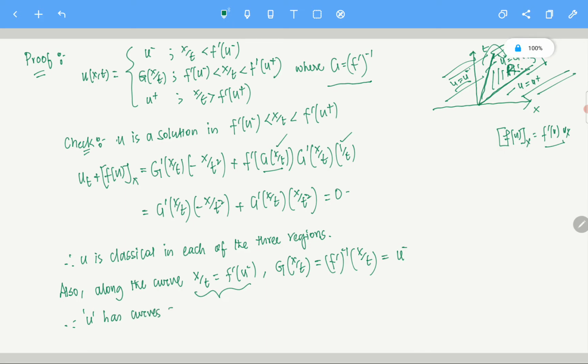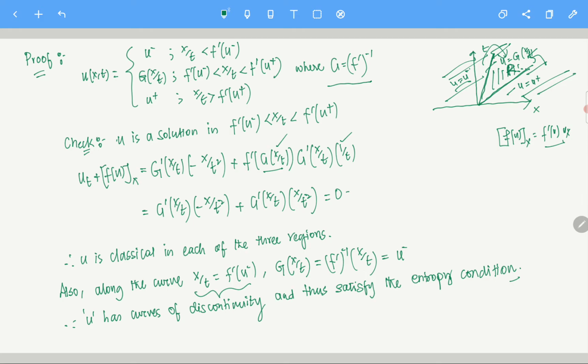No curves of discontinuity, and thus it satisfies the entropy condition.